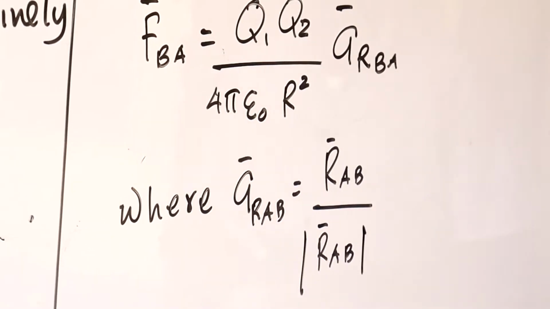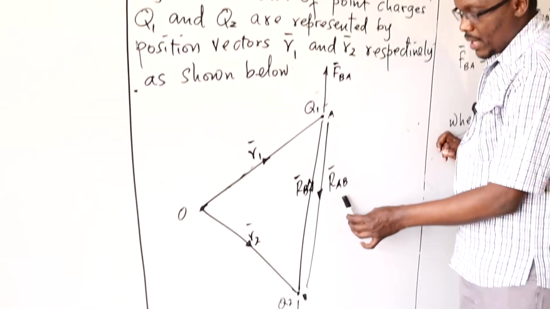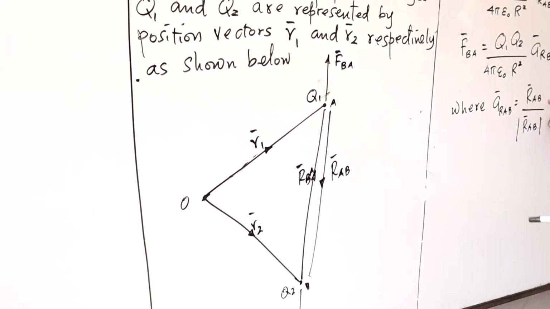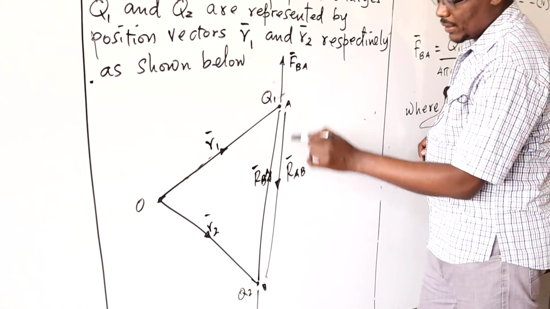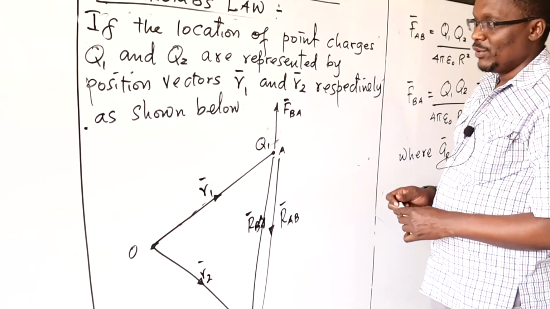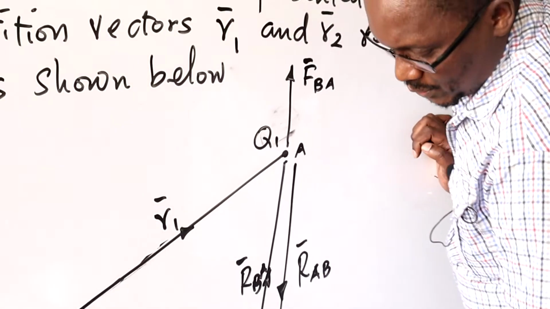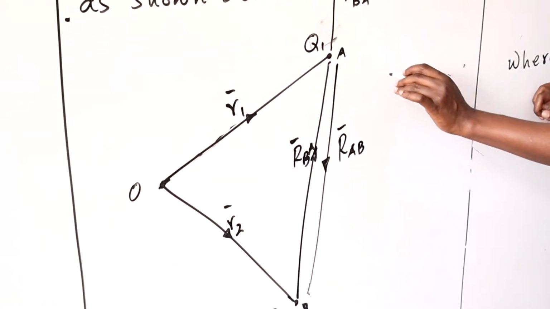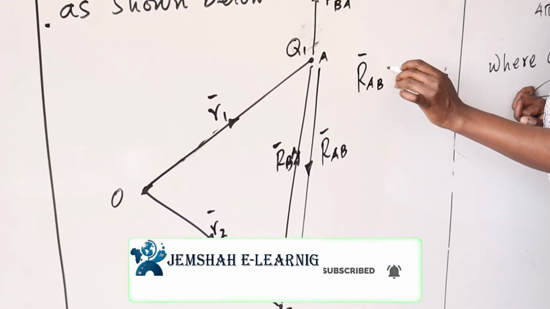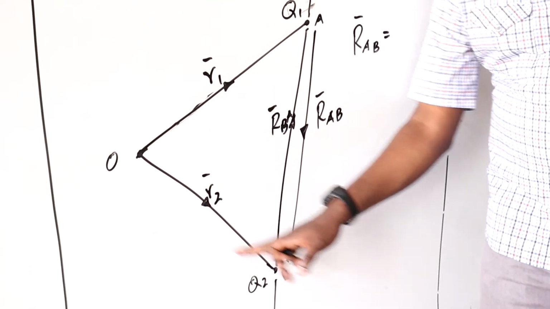Now if we come back to our drawing here, look at the direction. For me to get R_AB as a vector, I'm moving from A to B. So that movement from A to B, if you look at the position vectors, will be that to that. So if I was to write it here, R_AB bar is the negative of R1 bar and the positive of that.